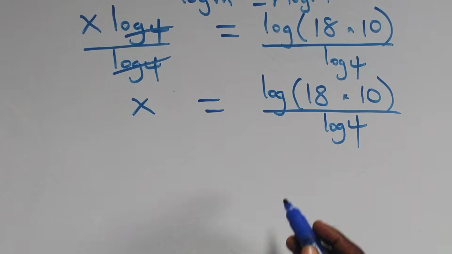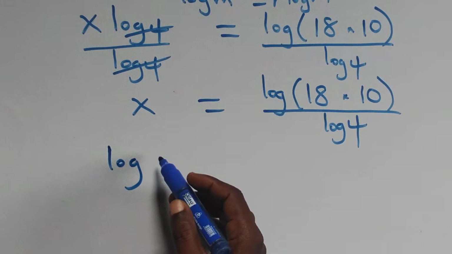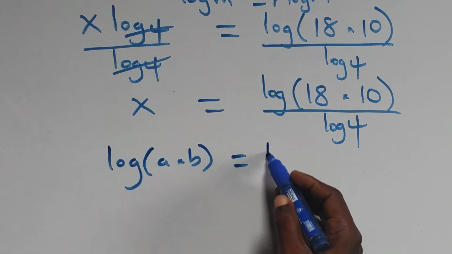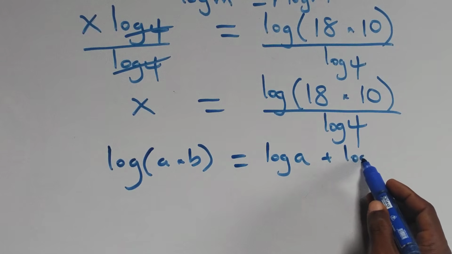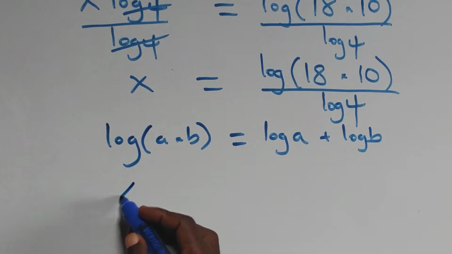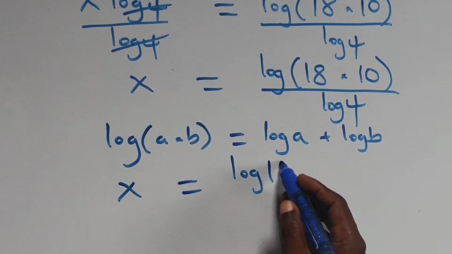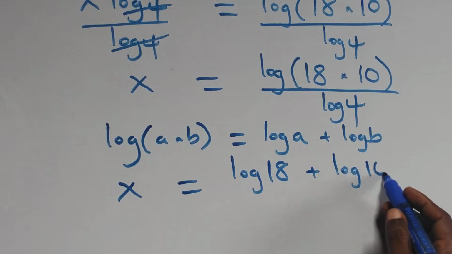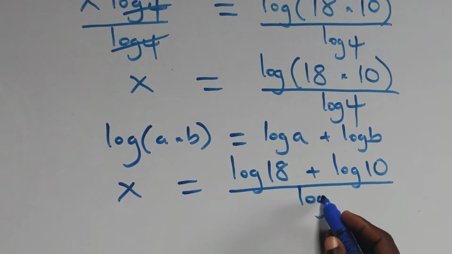Then this follows the law of logarithm. When we have log a times b, this can be expressed as log a plus log b. So this becomes x equals log 18 plus log 10 over log 4.